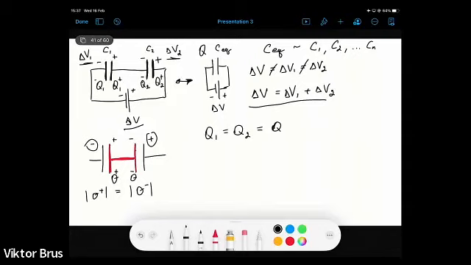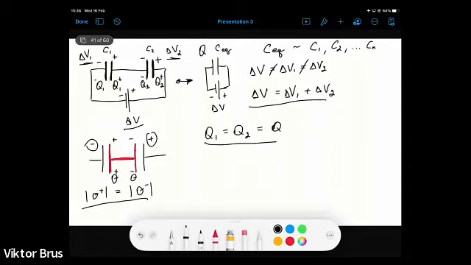They are electrically neutral, like this conductor is electrically neutral after connecting the battery. Based on these ideas of electrical neutrality, we can state that the charges accumulated by the two capacitors, regardless of their capacitance, which can be different, will be the same. So that is written here.